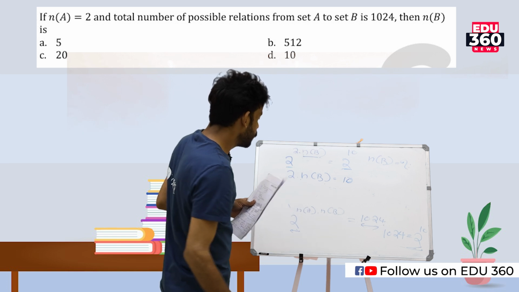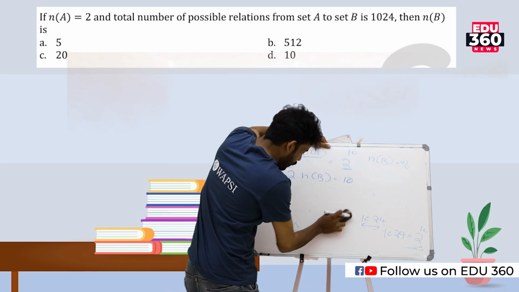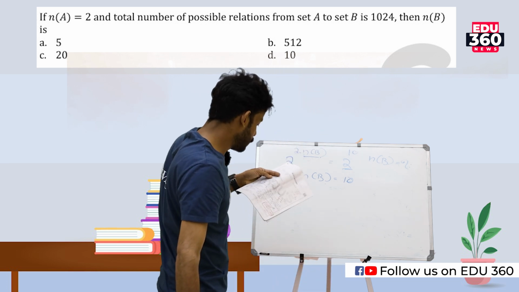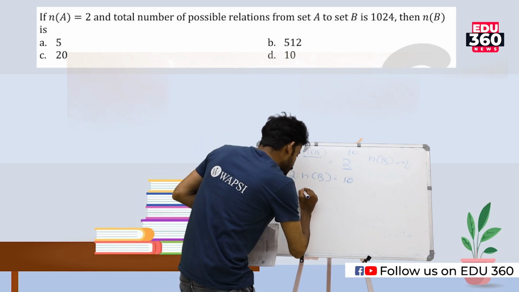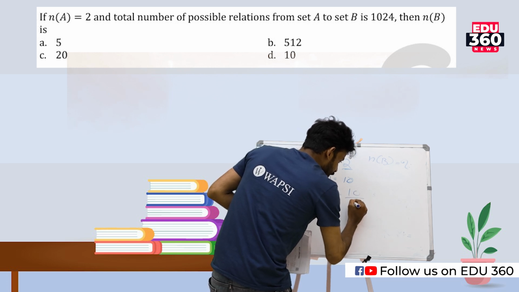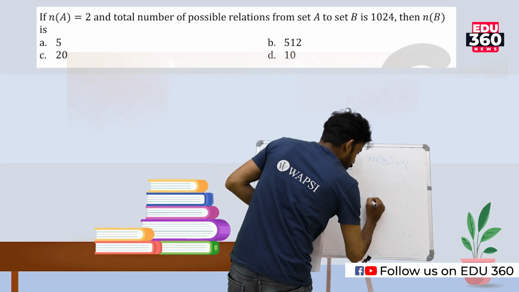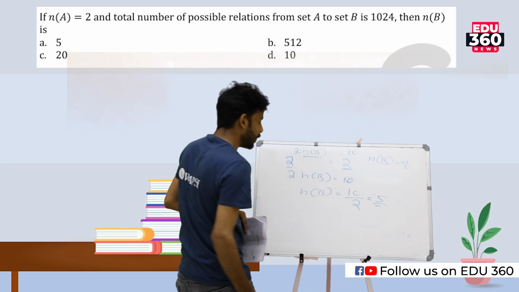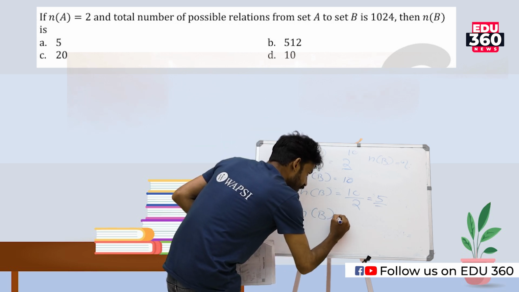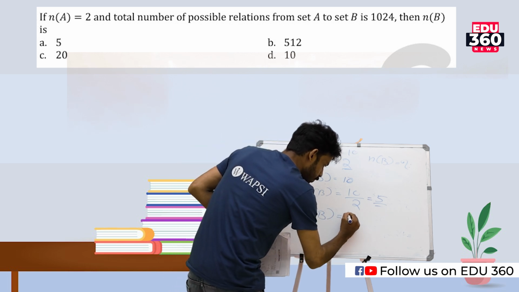So in the next step, n of B will be equal to 10 divided by 2. So the value will be equal to 5. So the number of elements in B is equal to 5.